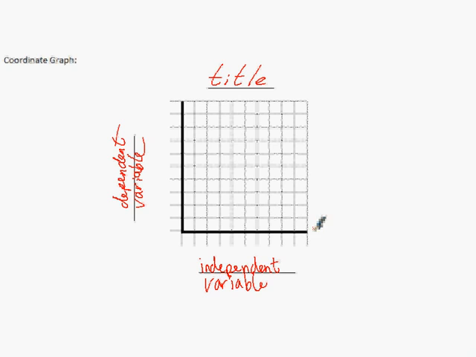Alright, you need to know that this bottom thick line is the x-axis. The side is the y-axis, and both axes count up by a scale of your choice that goes from 0 to whatever number you need to get to. Now, once you have all this, you're ready to graph. It is called a coordinate graph because what you're going to graph are coordinate pairs, which are dots along your graph.